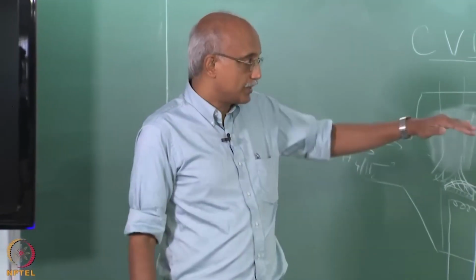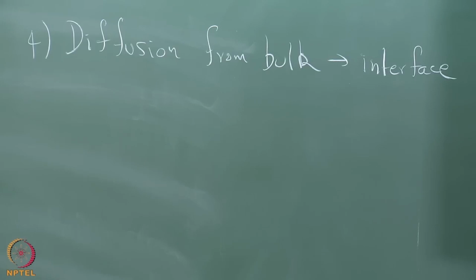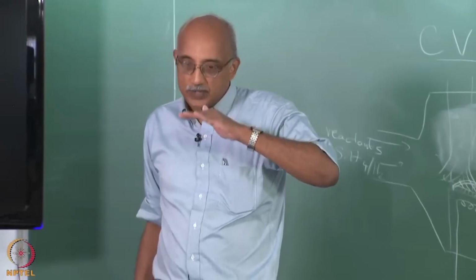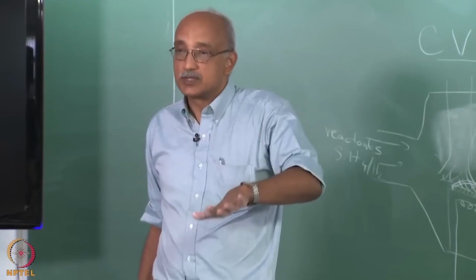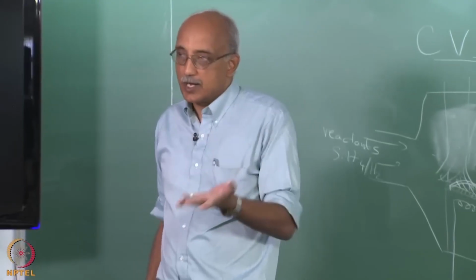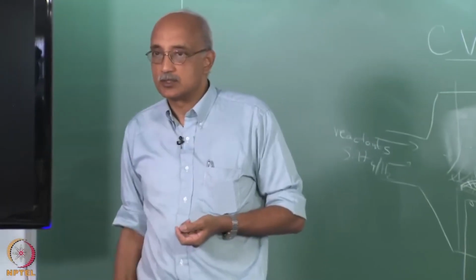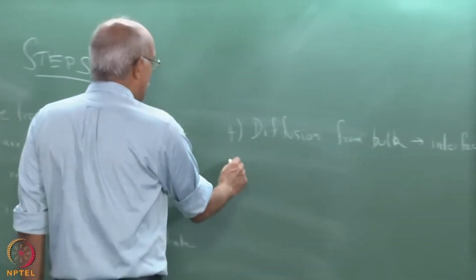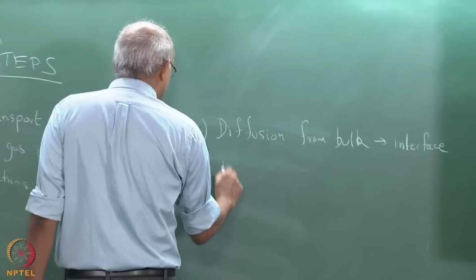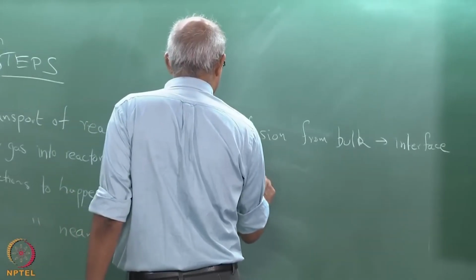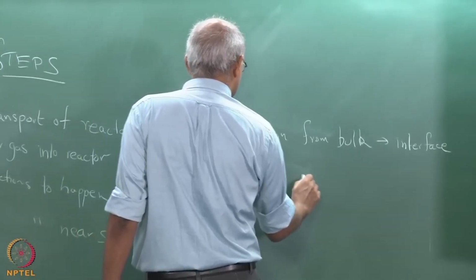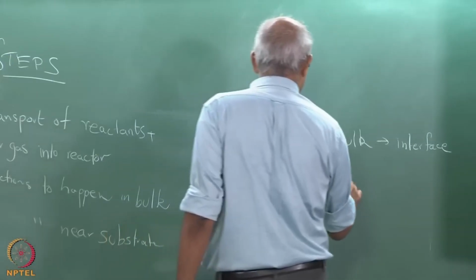So, you still have to transport the reactant molecules from just outside the boundary layer to the surface itself, and that has to happen by diffusion across the boundary layer. And that, as I said earlier, is frequently the rate limiting step in a CVD reactor.